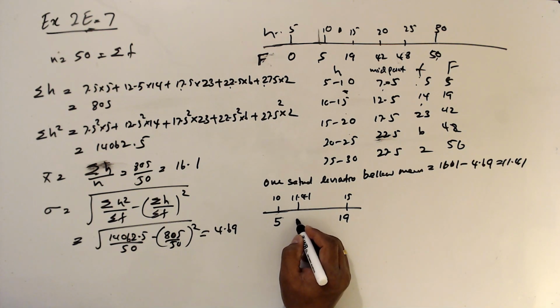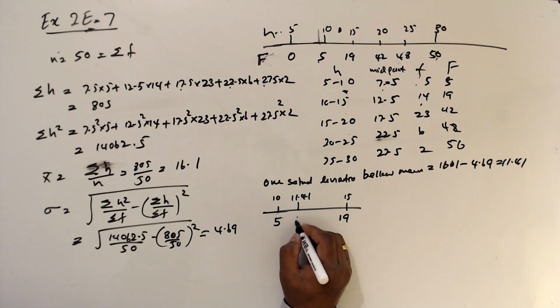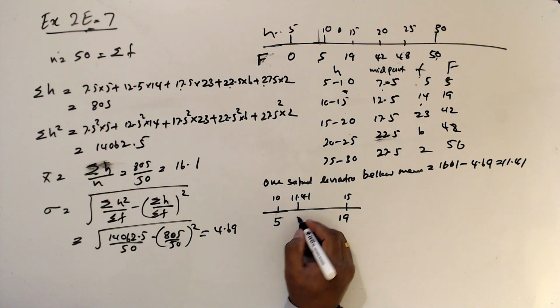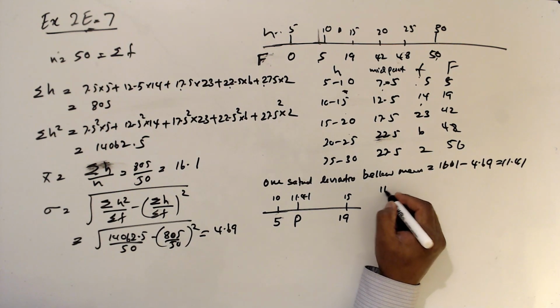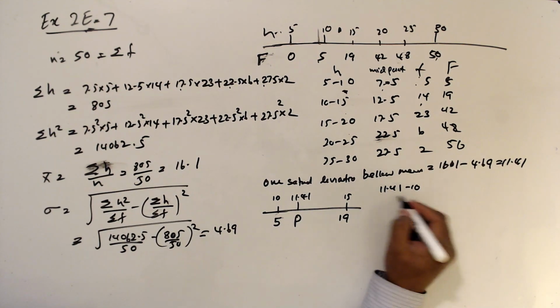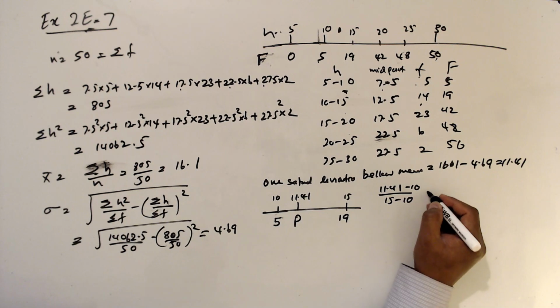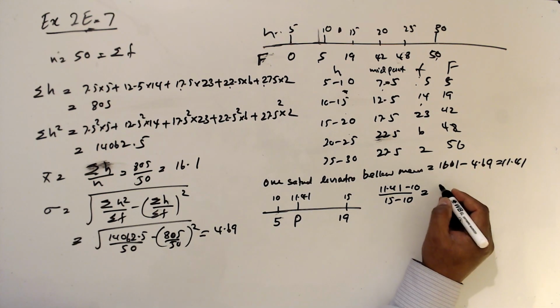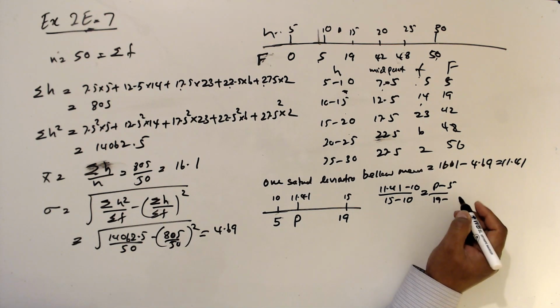Then the number of parts. I will take this as P. Then by interpolation, 11.41 minus 10 over 15 minus 10 equals P minus 5 over 19.